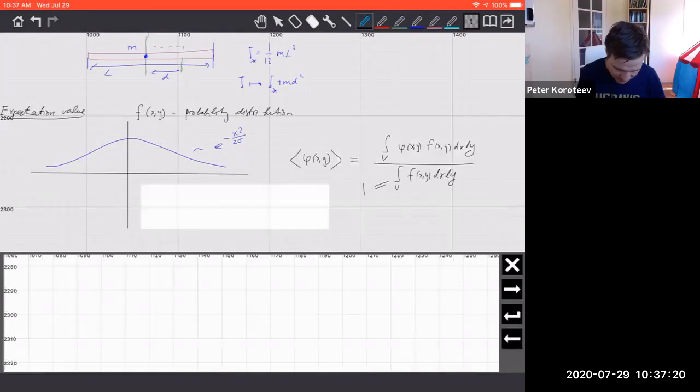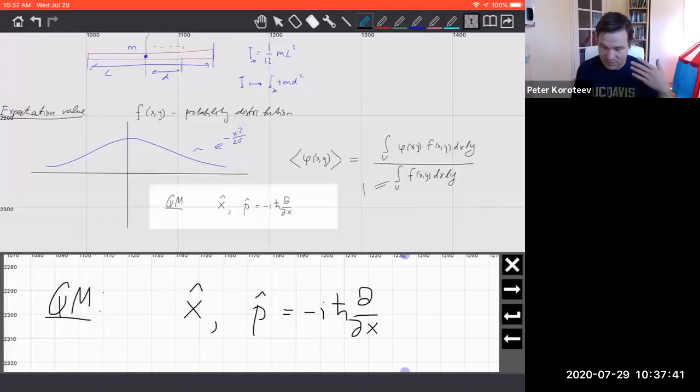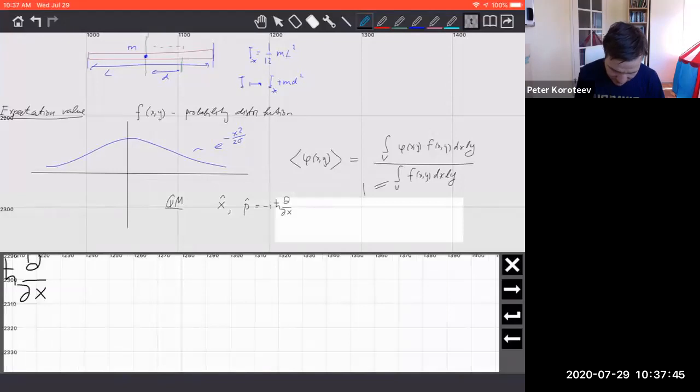For example, in quantum mechanics, for those of you who go to physics classes, you know there are quantum observables, for example, the operator of coordinate, the operator of momentum, which is minus i h bar d over dx, right? It's a linear operator that acts on some Hilbert space, and then you can calculate the average value, say, of some function of x and p.